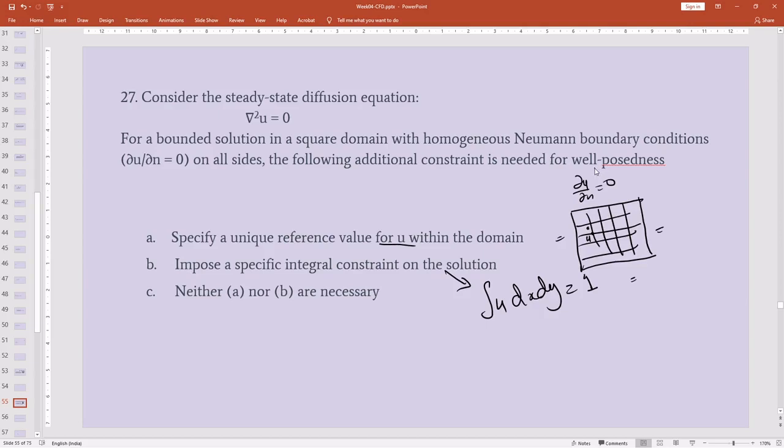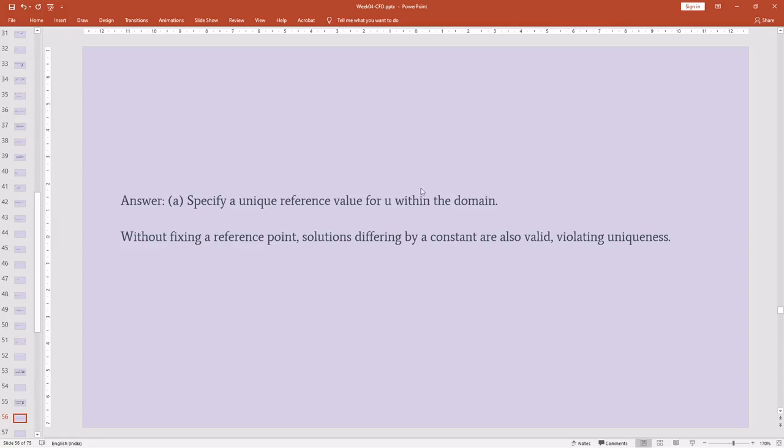Well-posedness is about solvability and the existence of a unique solution, and for that we need some reference value of u within the domain.